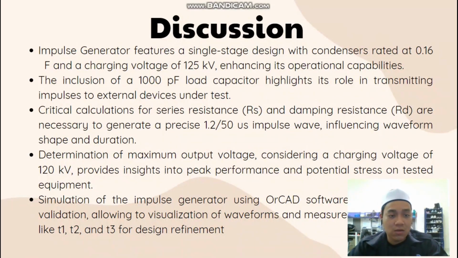The critical calculation for series resistance and damping resistance are necessary to generate a precise 1.2 and 50 microsecond impulse wave, influencing waveform shape and duration. The determination of maximum output voltage considering a charging voltage of 120 kV provides insight into peak performance and potential stress on tested equipment.